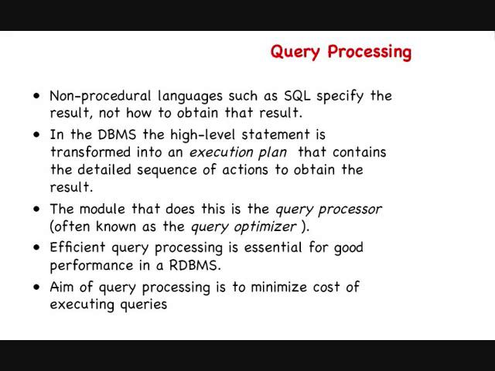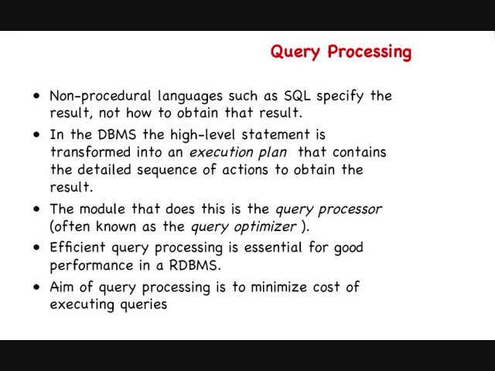So, the thing that does it is called the query processor or query optimizer, depending on which bit of literature you read, usually query processor. And obviously doing this efficiently is pretty critical. You think what database management systems are used to do.